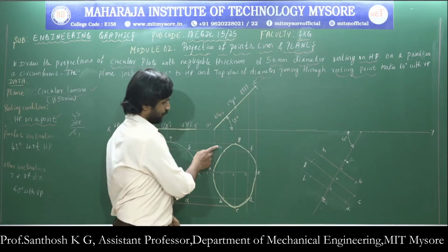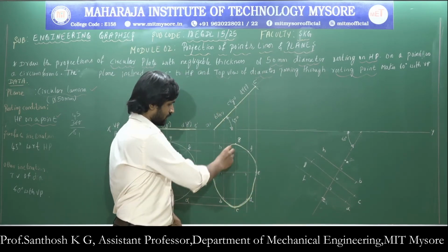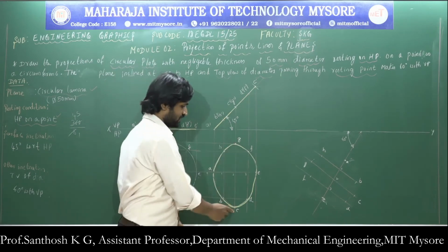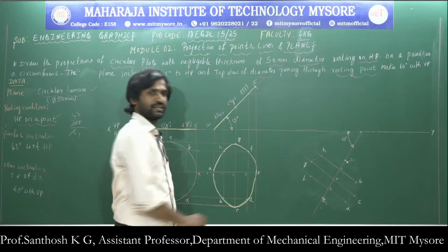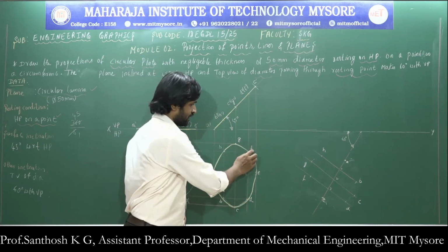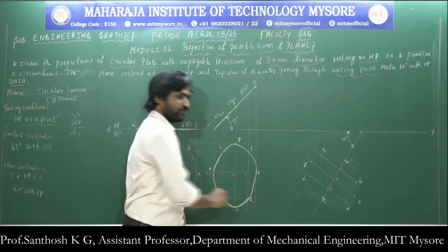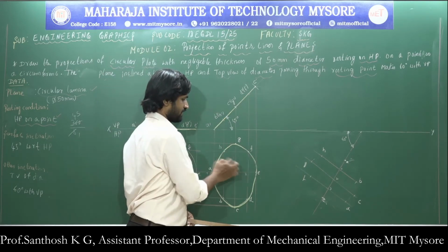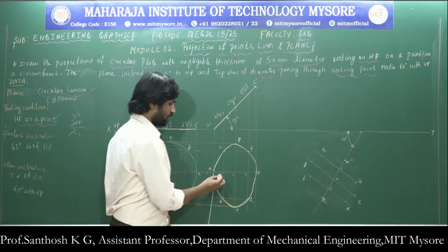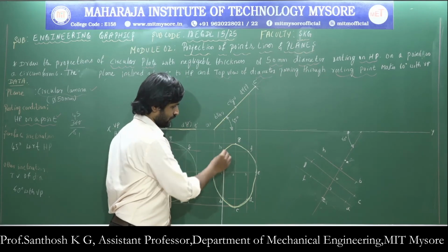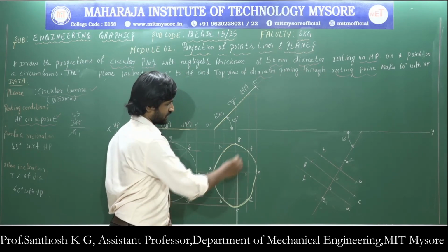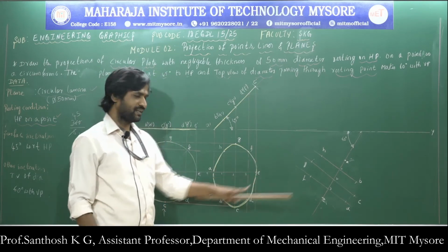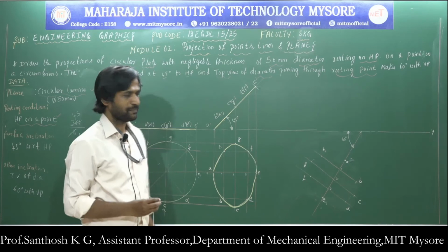Then we know that the points B and H are along this vertical projector, the points G and C are along this vertical projector, and the points F and D are along this vertical projector. To transfer these points, wherever these projectors intersect the diameter AE, I have marked certain points.